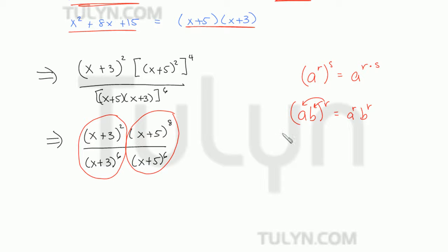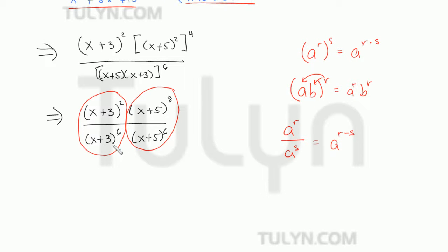So the final rule we can use is that if you have a number taken to a power over a number taken to a different power, it's the opposite of multiplying, which means that you subtract the exponents instead of adding them.